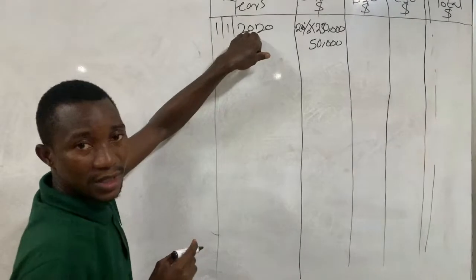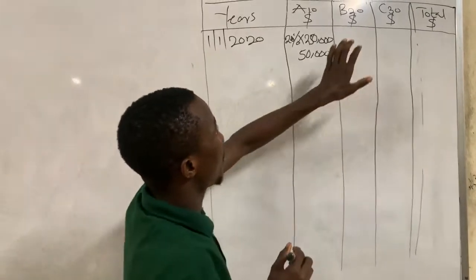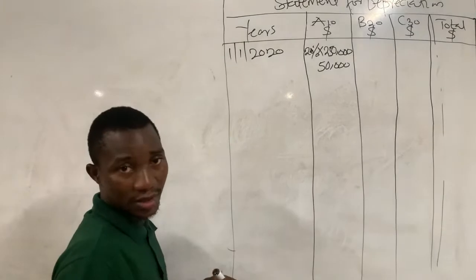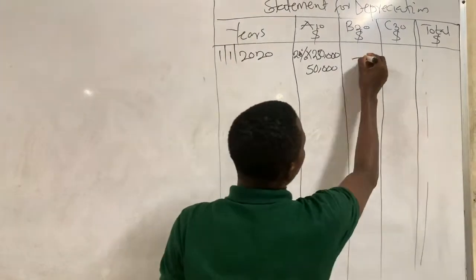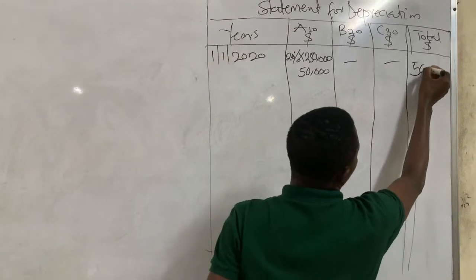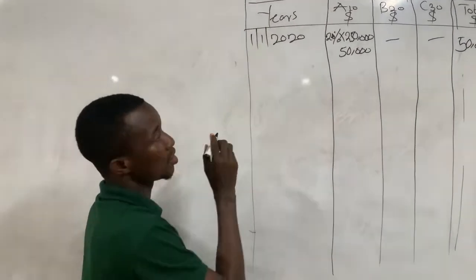In the year 2020, we didn't acquire B20 and C30, so we have no depreciation for these. So the total still remains $50,000. So we are done with 2020.